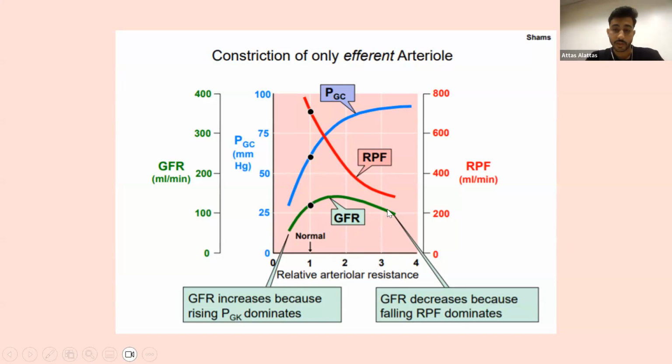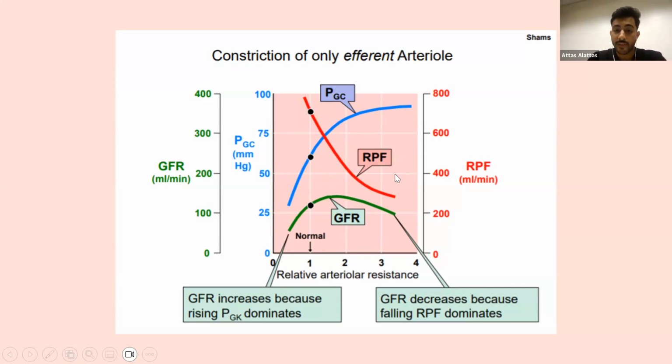decrease. So again, in the efferent arteriole, you're increasing the hydrostatic pressure, and because you're increasing the hydrostatic pressure, the GFR should increase. The renal plasma flow, we said, is decreasing because you're increasing the resistance. So the effect of the renal plasma flow on the GFR is decreased GFR.